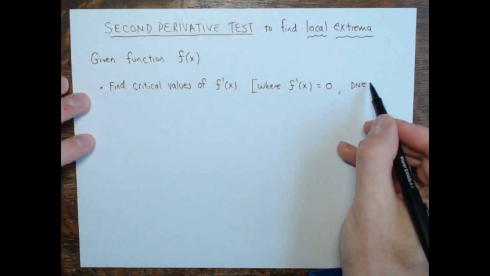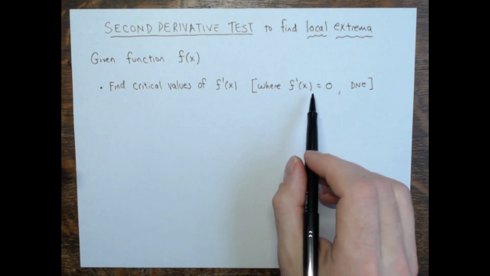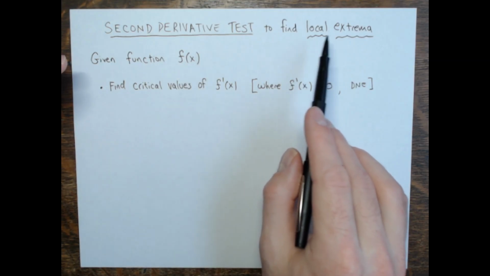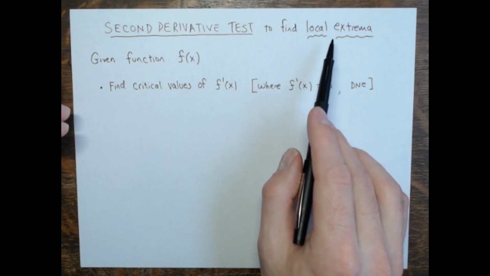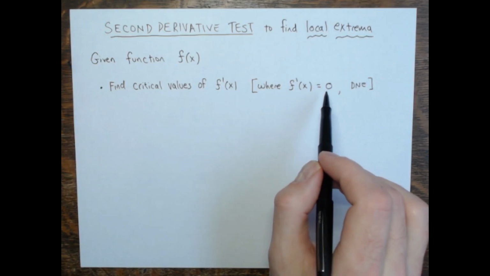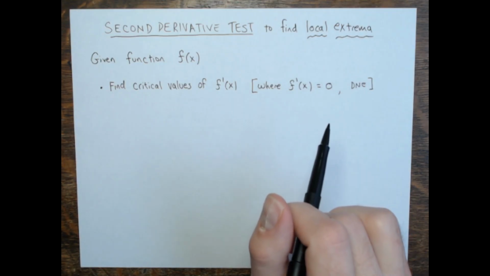Remember that, because these are the locations where you could possibly have these local extrema, right? The only places where you could possibly have these hills and valleys are where the first derivative was 0 or where the first derivative was undefined.